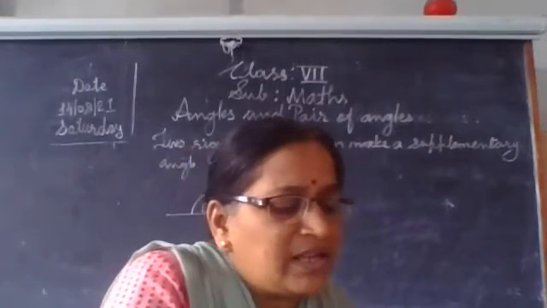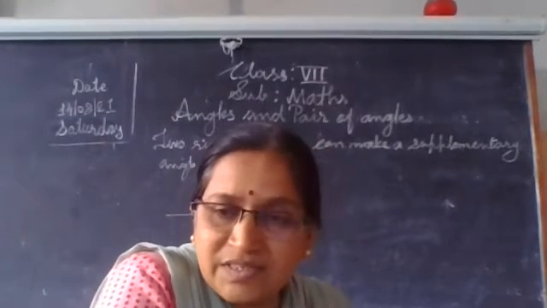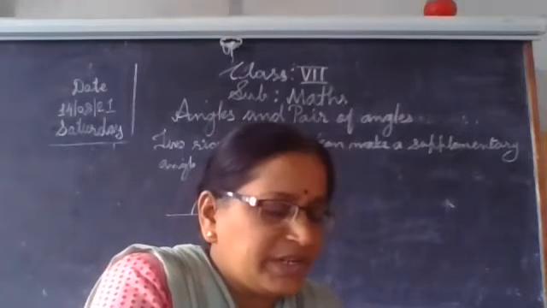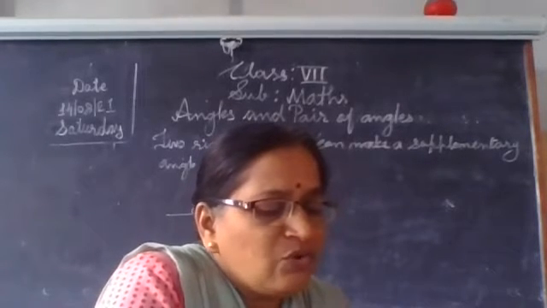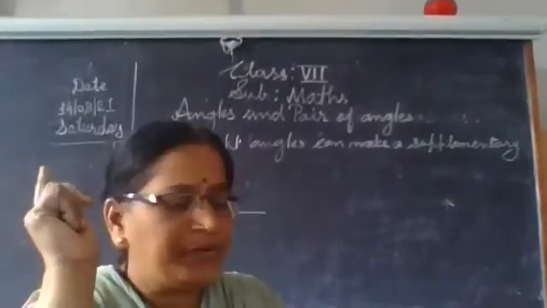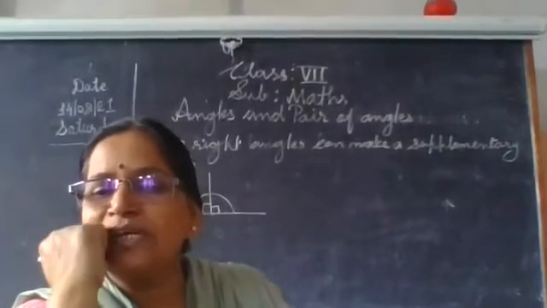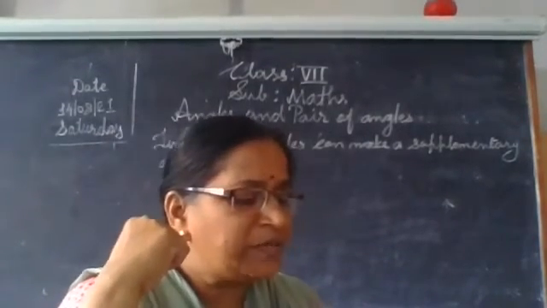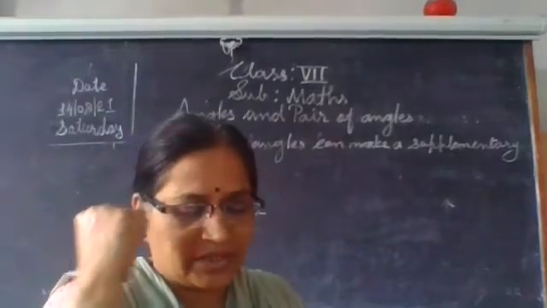Or you can say one angle is 160 degrees and another is 20 degrees. So you can form a supplementary angle with one acute and one obtuse angle. So let us see, beta, the next term, opposite rays.